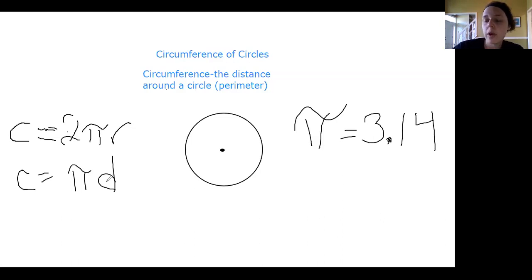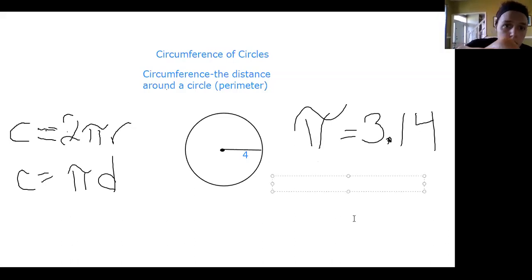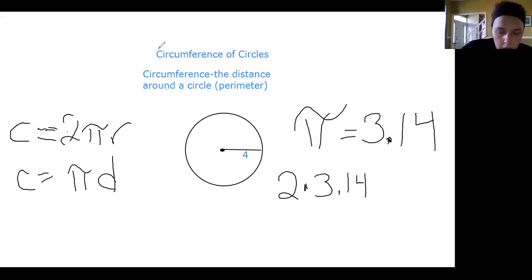The way you do this, let's just say they give you a circle. Let's start with a radius. Let's say the radius is 4 long. All you do to find the circumference is take 2 times pi, which we're going to change to 3.14, times 4.